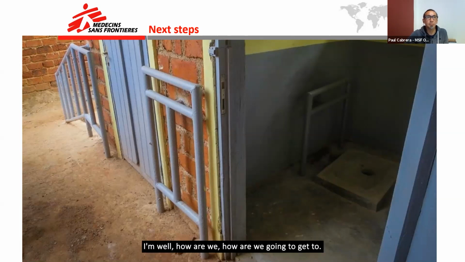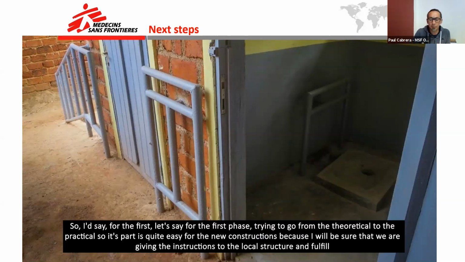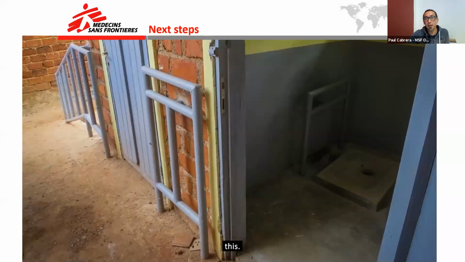Well, how are we going to get to it? I'm saying for the first phase, trying to go from the theoretical to the practical, it's quite easy for the new constructions, because I will be sure that we are giving the instructions to the local constructor to fulfill these standards.